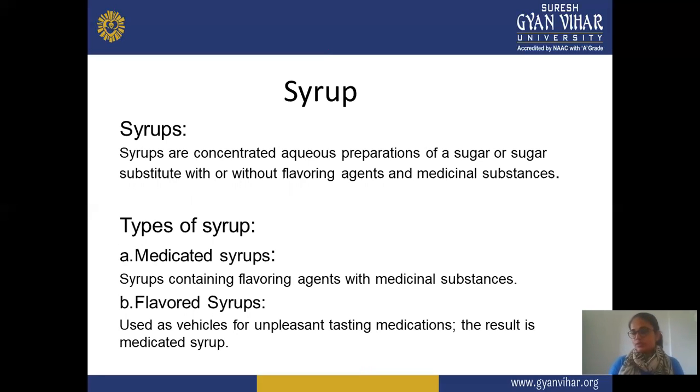And medicinal substance means your drug. Your solution has a drug and a specific sugar or substitute of sugar solution, with or without flavoring agent. This is known as syrup. And the types of syrup are medicated syrup and flavored syrup. Medicated, as the name itself says, is used for a specific therapeutic or medicinal purpose.